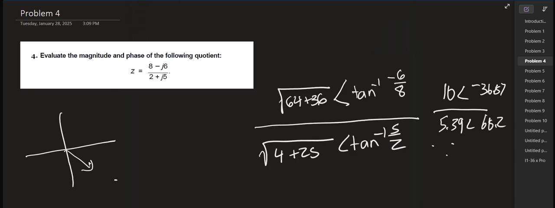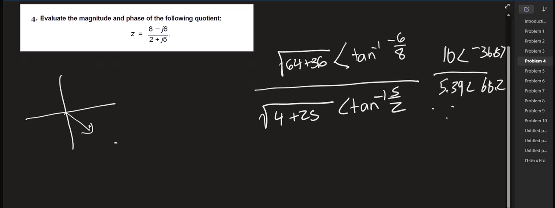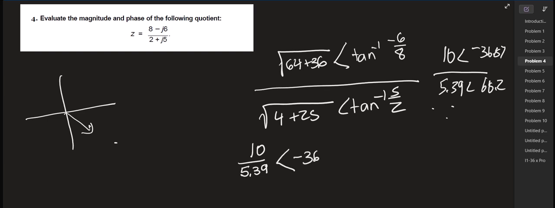Now, remember, these are shortcuts for exponential functions. And what do you do with exponents when you divide? You subtract. So the numbers in front, we will divide them. That'll be 10 over 5.39. And our angle is negative 36.87. Was that an 8? 87 minus 68.2.